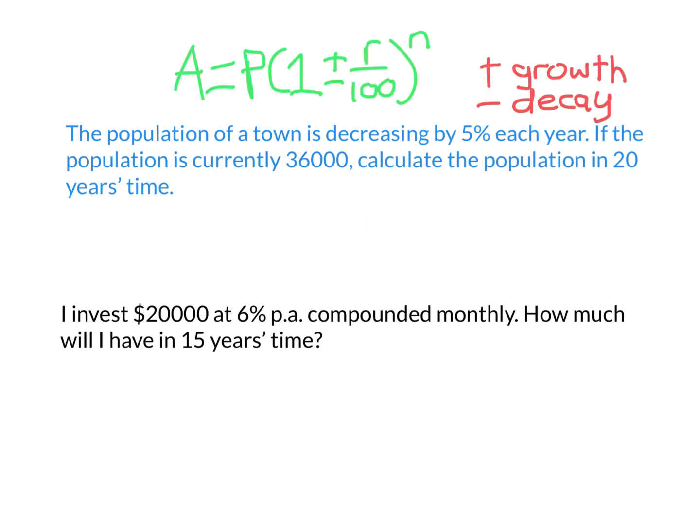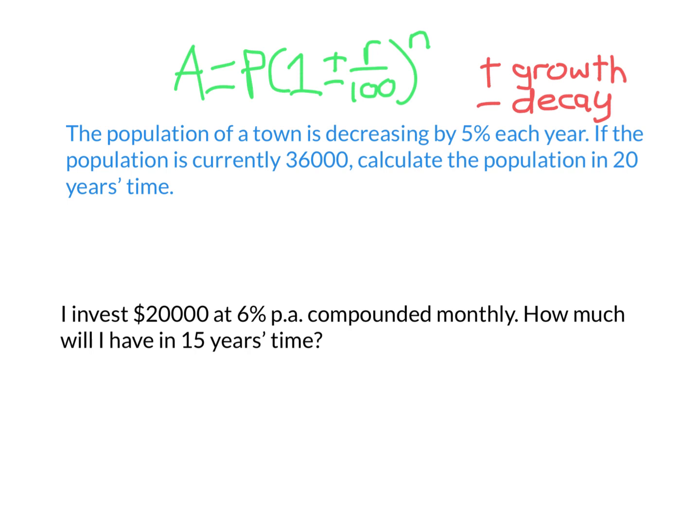All right, let's look at some more examples. This is the formula we used in the previous example that we use for exponential growth or decay. This plus or minus means you use plus if it's growth, if it's going up, and you use a minus if it's decaying, if it's going down. In this example, the population of a town is decreasing by 5% each year. If the population is currently 36,000, calculate the population in 20 years' time.